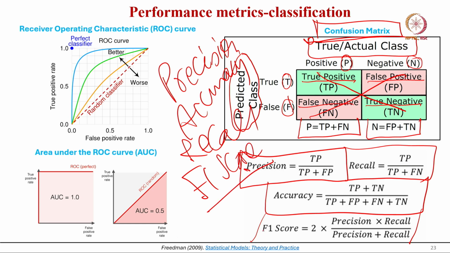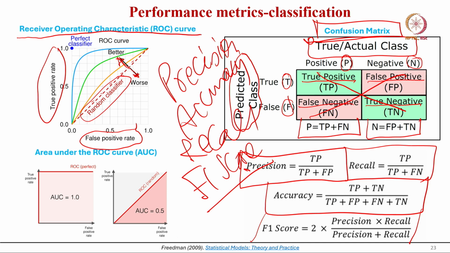Okay. So, the other thing is, if you plot the true positive value against the false positive value, then the dotted line you get is called the random classifier. If you go on the off side of this random classifier, it will be worse. If you go on the other side, it will be better. So, this is called the ROC curve, that is the receiver operating characteristic curve.